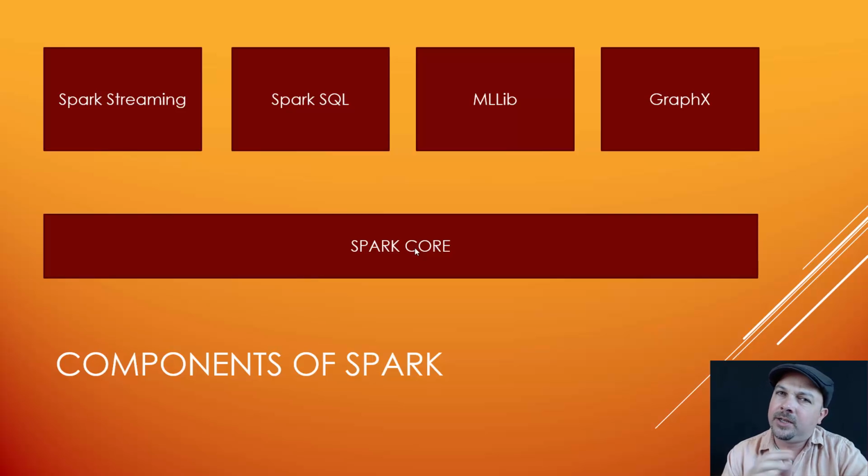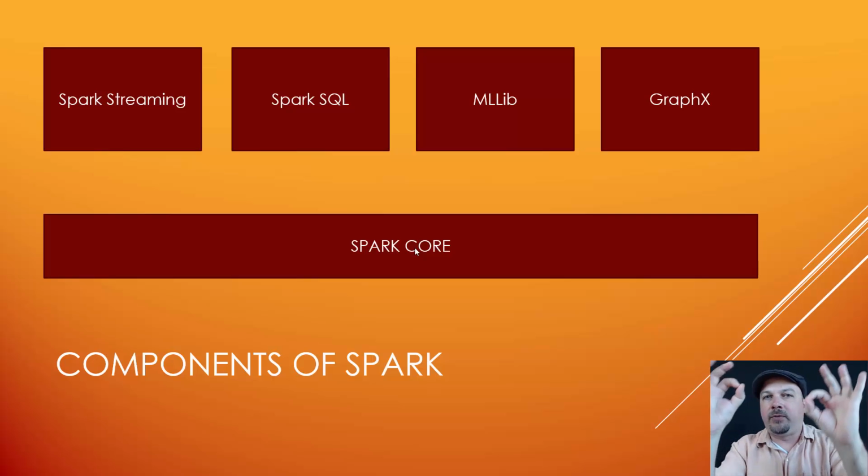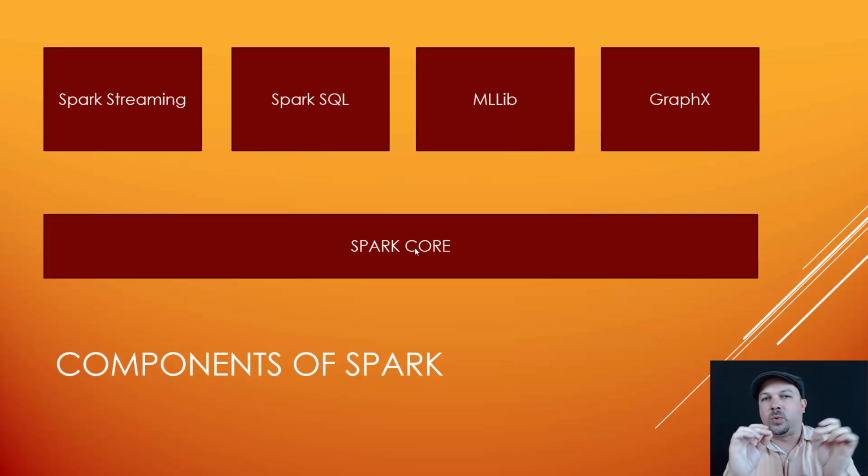Finally, GraphX. We're not talking about the types of graphs that you see in slide presentations where revenue's going up and to the right or whatever. This is about graph theory, graph networks, right? So think about, say, a social network where we have a bunch of individuals connected to each other in various ways. That's the kind of graph GraphX is talking about.